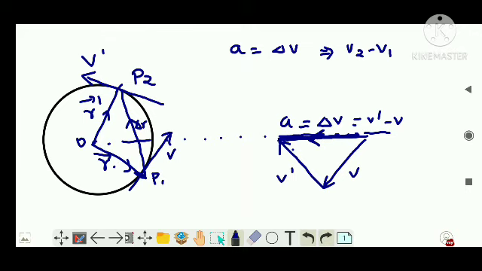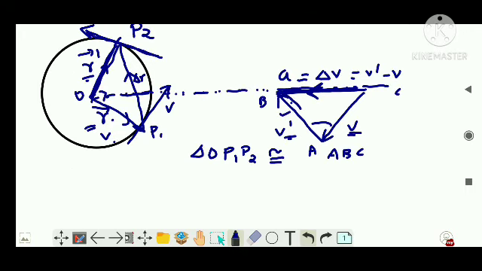Now there are two triangles, right? You have triangle O, P1, P2, and you have a triangle, let's say, A, B, C. Now these two triangles are similar, I hope you understood.